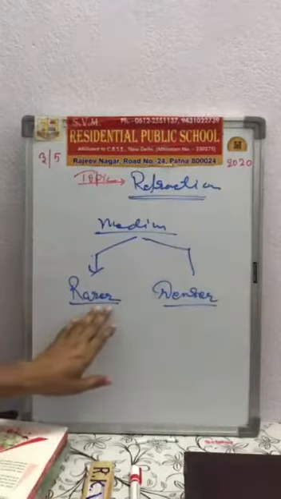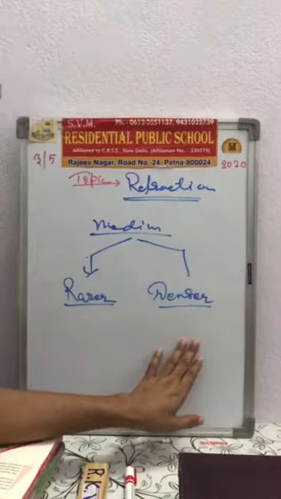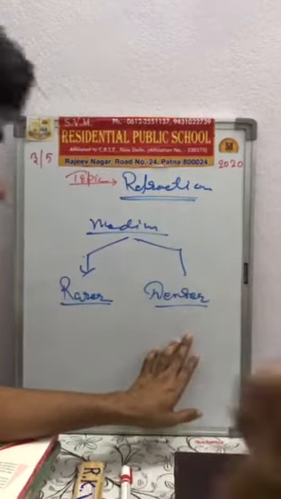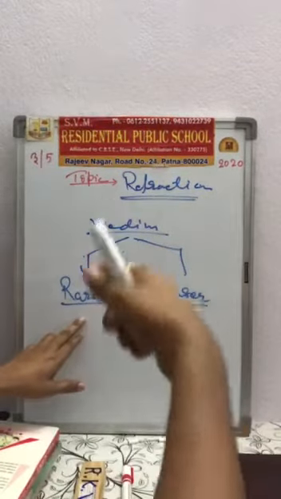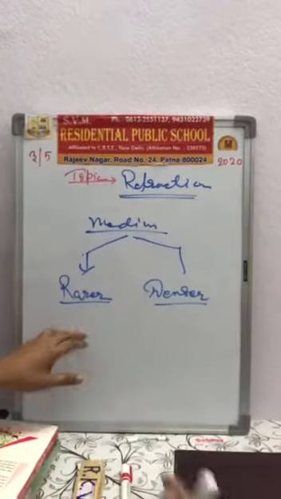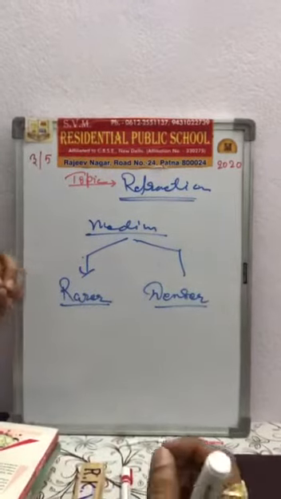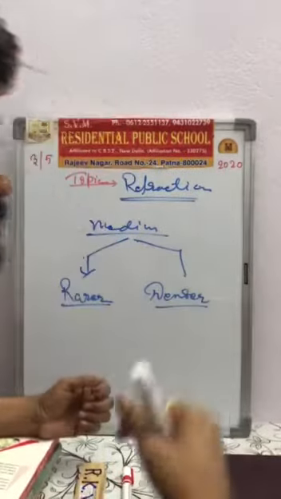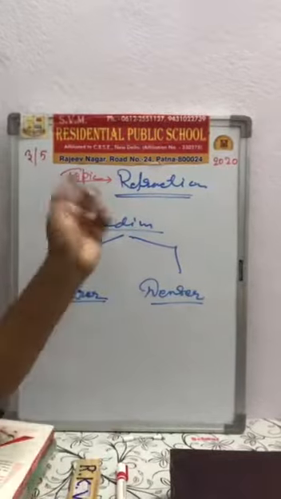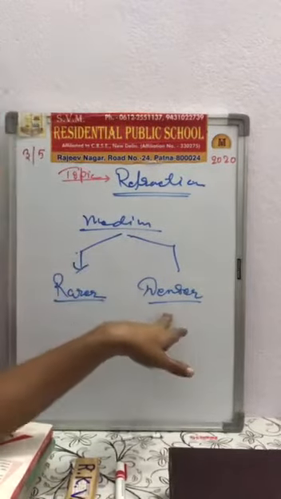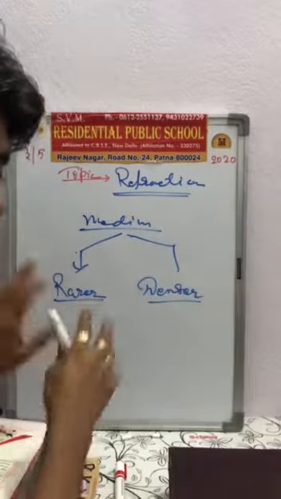If we take water and air, the speed of light in air is more than in water, so water is denser and air is rarer. But for water and glass, the speed of light in glass is lesser than in water, so glass is denser and water is rarer.